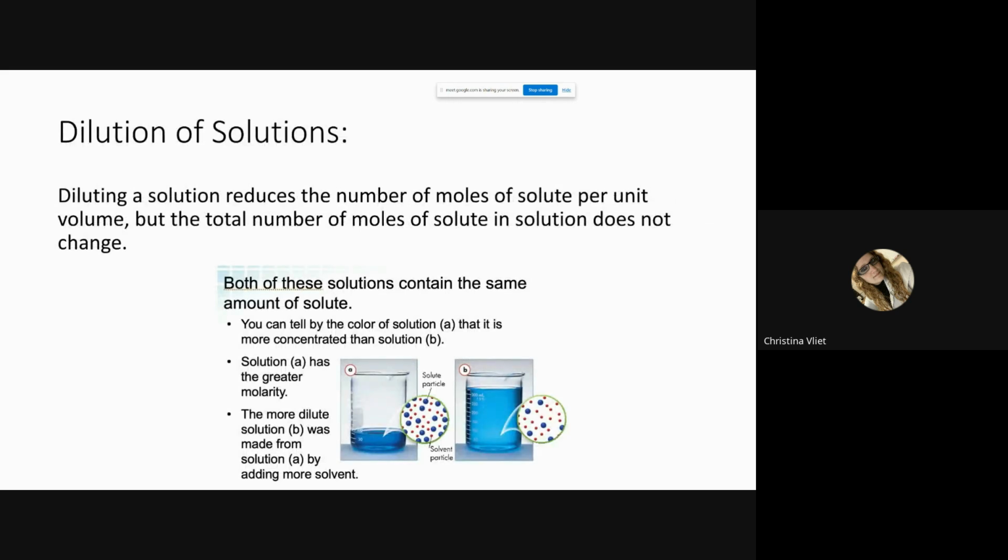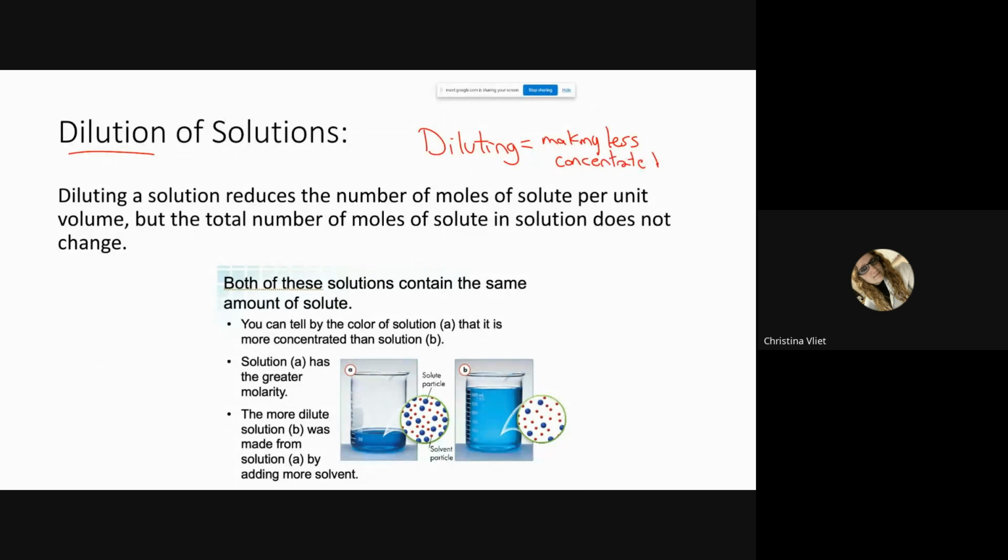So the last topic today is called dilution. And the process of dilution is one you may or may not be familiar with. Has anybody ever heard of dilution before? What is it? So it makes less concentrated, okay. Making less concentrated, but how?